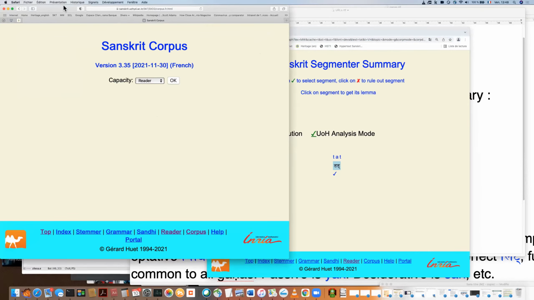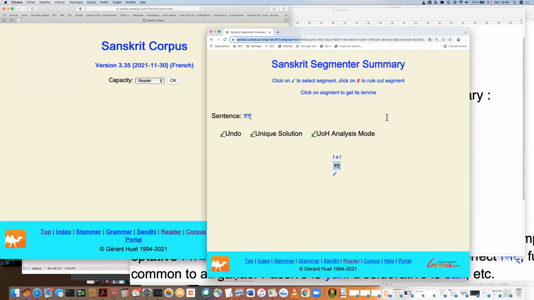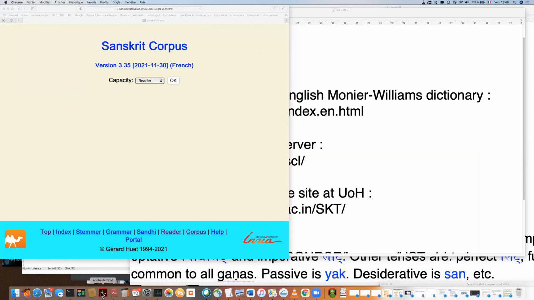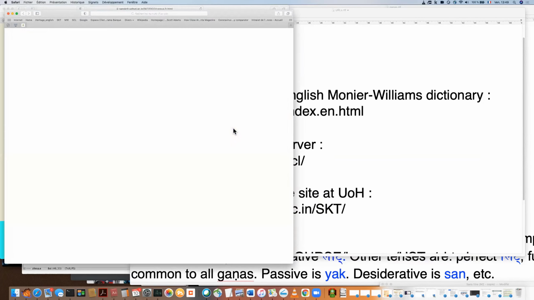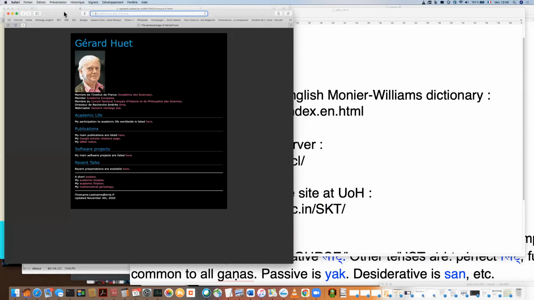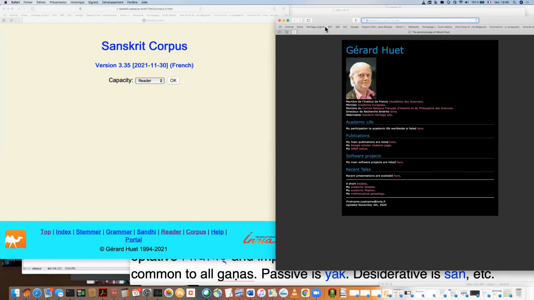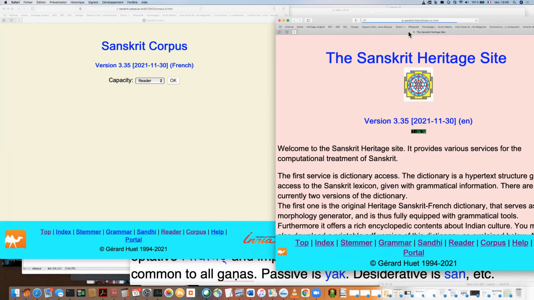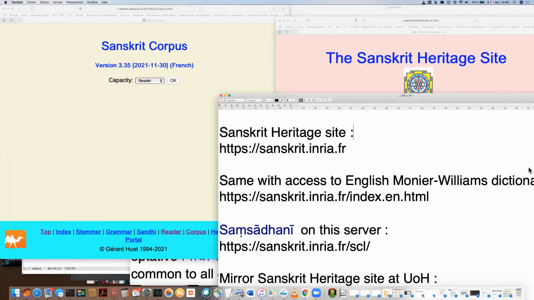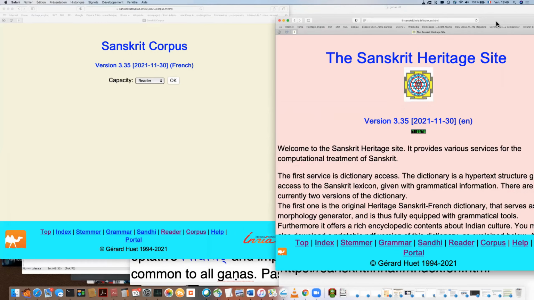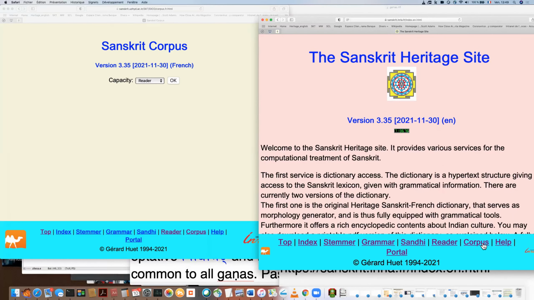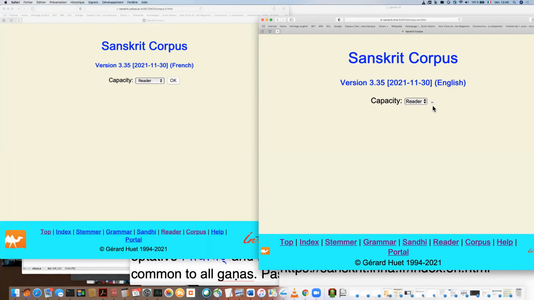I think I'm going to start again. And I'm going to use the heritage English one. Yes. And I'm going in corpus mode with a reader.